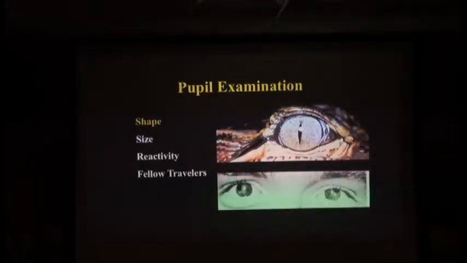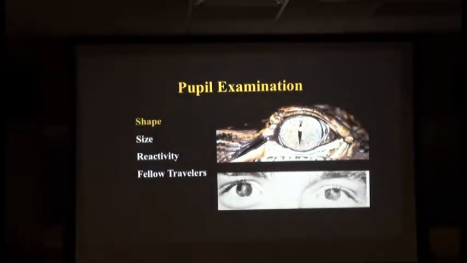Okay. So when we talk about the pupil exam, of course we're going to look at reactivity. That's sort of what we were talking about. We want to note the shape. Now, most pupils are round, and I don't write round if they're round. But if they're not round, I'm going to write or probably draw a picture with electronic medical records. You probably have to describe it unless you can draw it in your electronic medical record. But you want to note if it's not round.